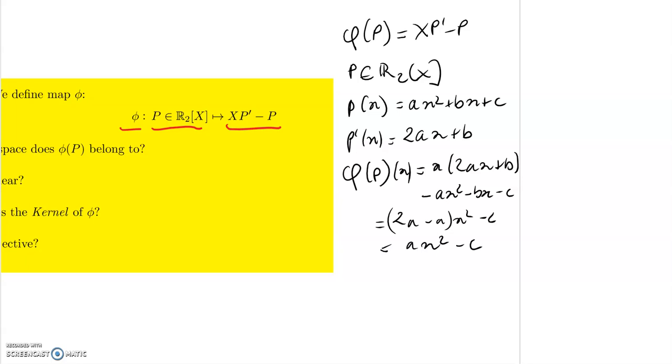Okay, that's a polynomial of degree 2, so that belongs to R2 of x.